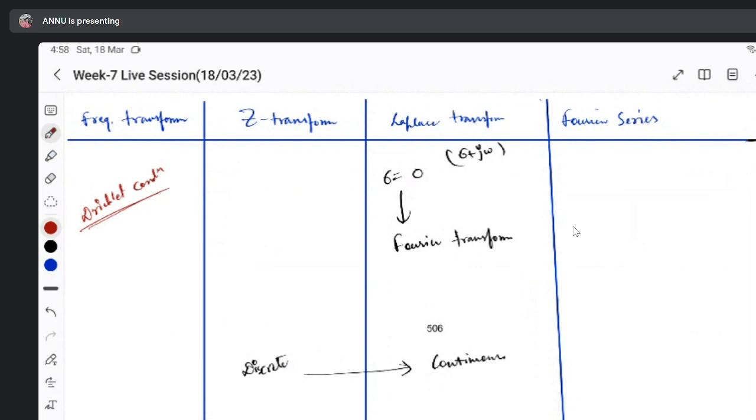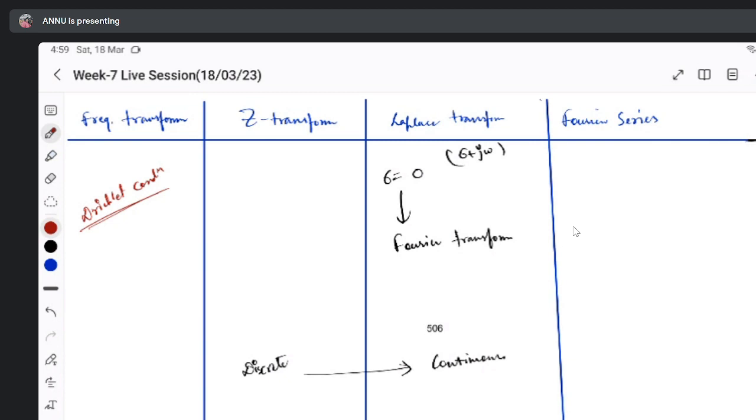So the Fourier transform is applicable for that, but the Z transform and the Laplace transform are actually for the analysis of also unstable systems we have in practice, to determine the stability, the linearity, the superposition principle, and all those properties of the system.